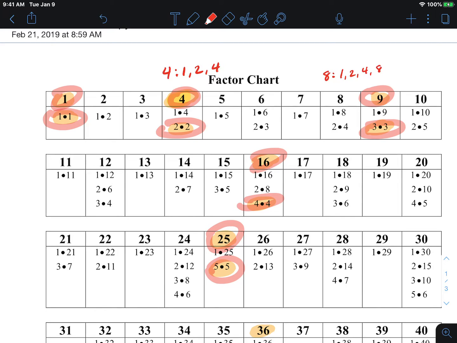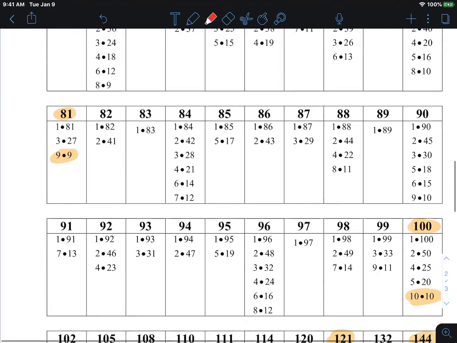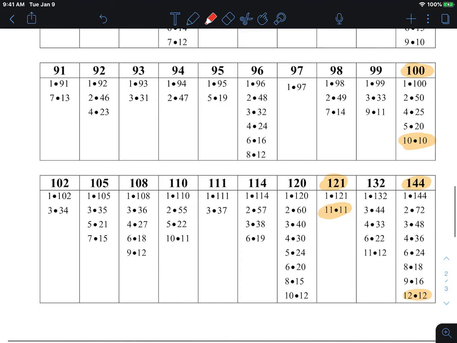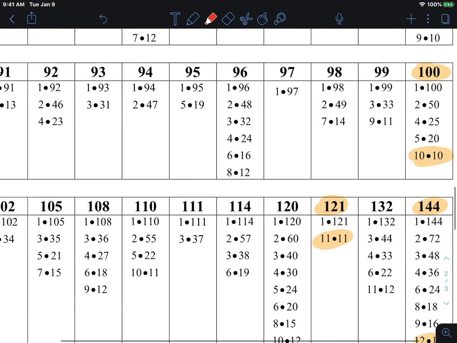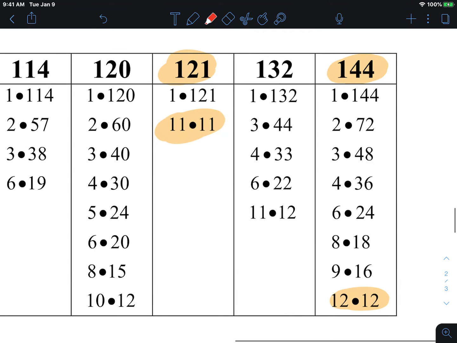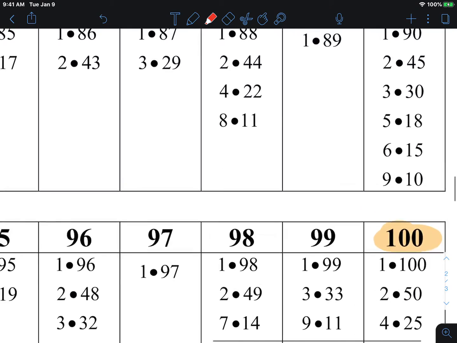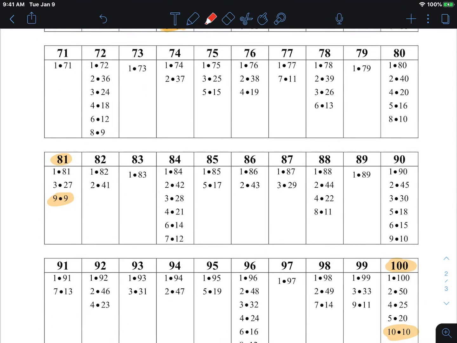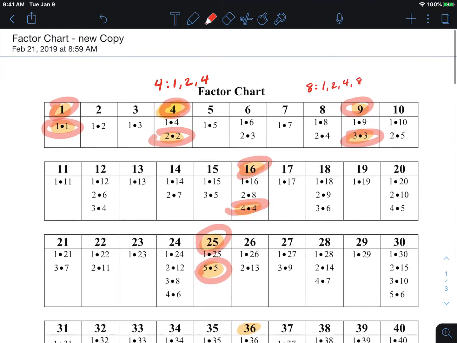And so when we look at those numbers like 1, 4, 9, 16, 25, 36, 49, 64, 81, 100, 121, 144, those numbers have two factors that are exactly the same. 12 times 12, 11 times 11, 10 times 10, 9 times 9, 8 times 8. So that's why those particular numbers are called the perfect squares.